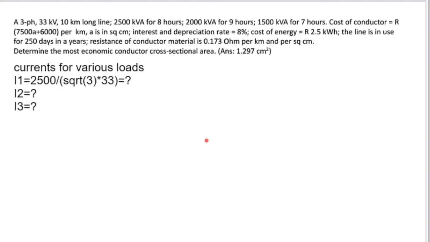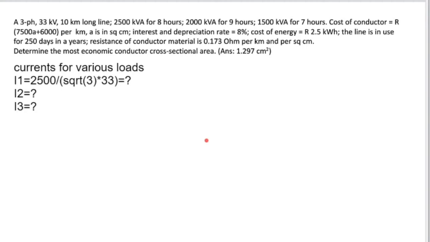Tell me the answer of these three currents. 43.73 is the first one. Quick, it should not take more than 10 seconds. You need to be fast. Electrical system is very fast. 35 ampere for the second current, and for the third current.